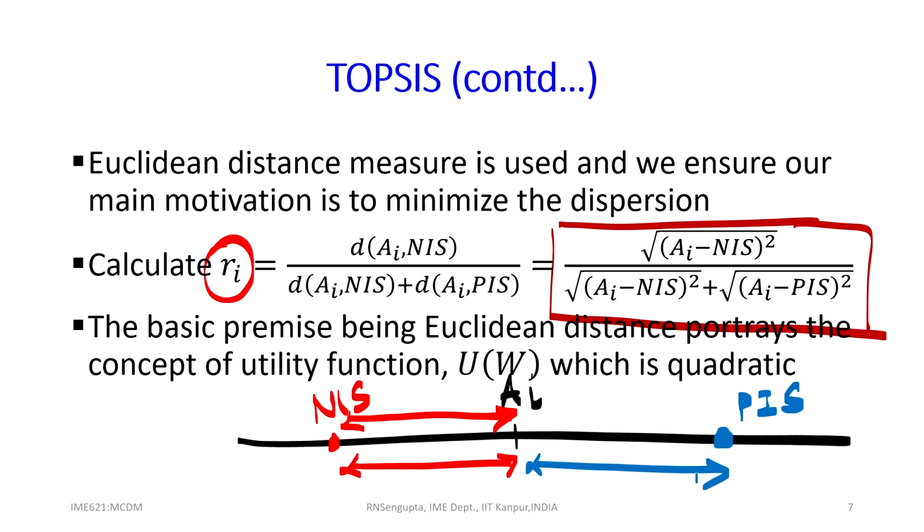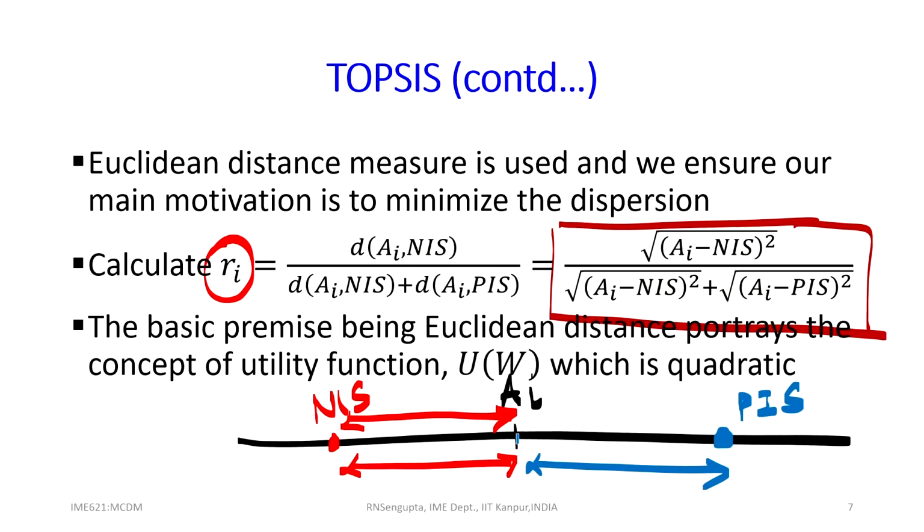In case I do the ranking, if the Ai value is almost on the NIS, obviously the numerator will be tending towards 0, and in the denominator whatever value you take, the R value corresponding to that alternative will be 0.